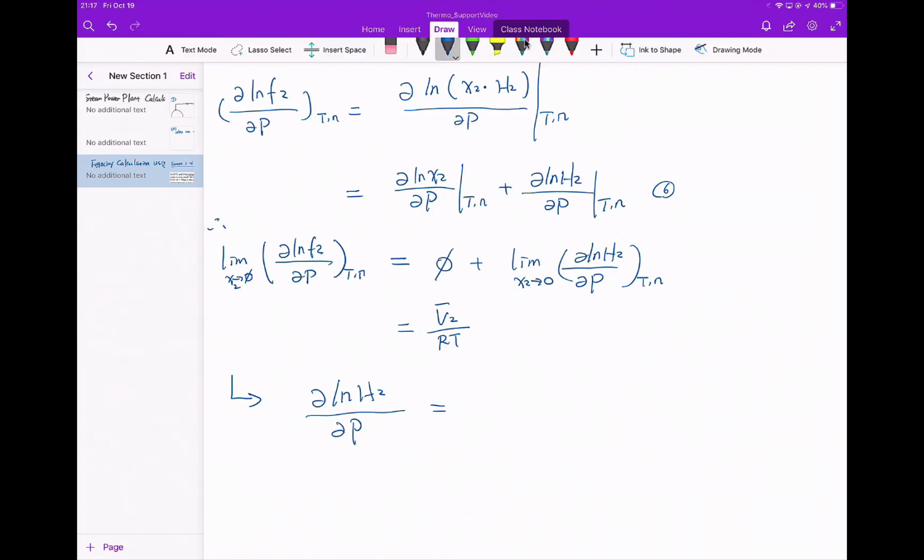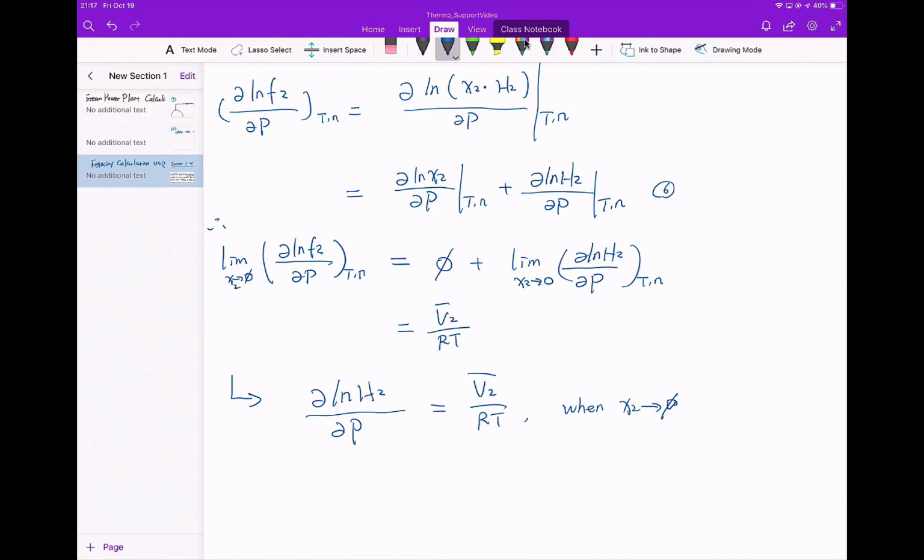This would be V2 partial over RT when X2 goes to 0.